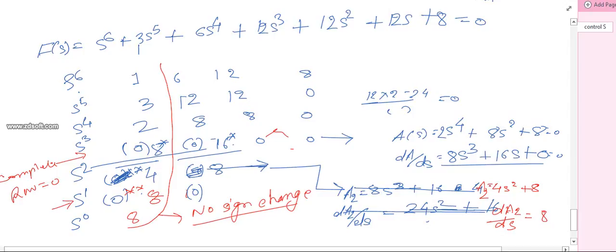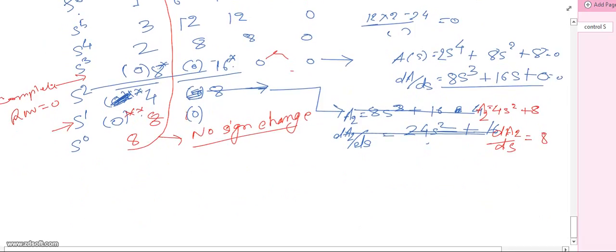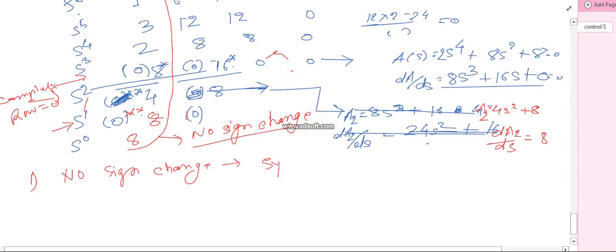And what does that mean? There is no sign change in the first column, so what do we infer? The system to be stable. Okay, just keep this in mind.